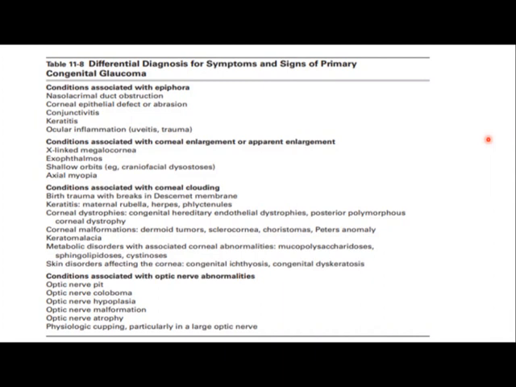Yes, so Krishna, regarding surgical management, sir, is it always GDD or trab as a given? No, sir. The first modality, especially in primary congenital, as I told, it is a maldevelopment and iris tissue is coming over the trabecular mesh. So we do a trabeculotomy as the first management, sir.